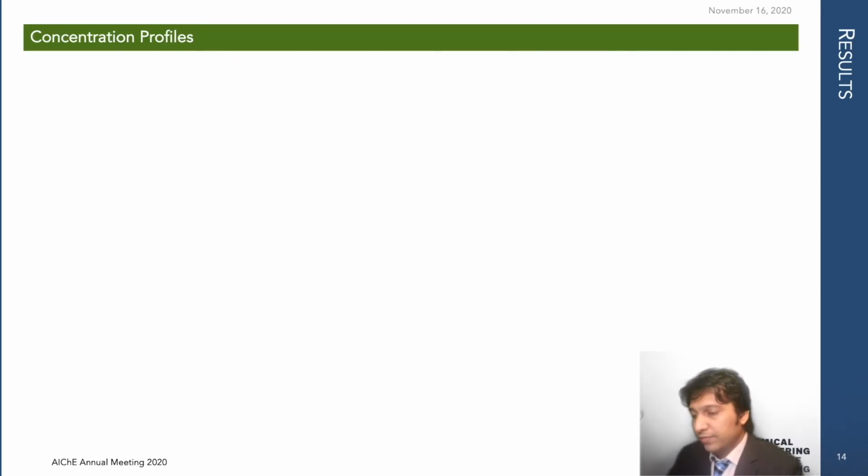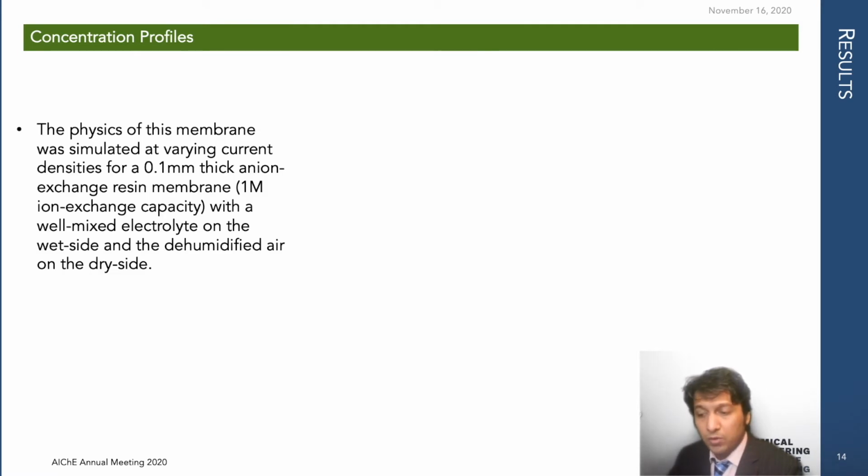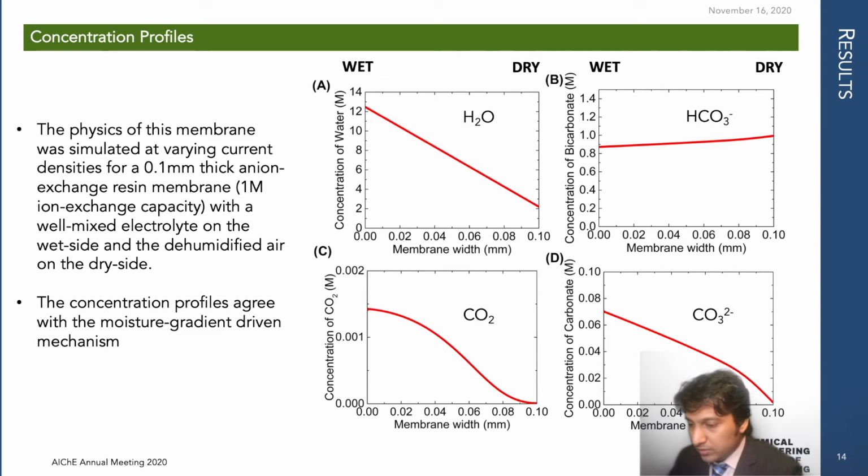So first, let's look at actual concentration profiles to see what to expect from this kind of simulation. How are the species behaving inside of the membrane? So here we have concentration profiles of water, carbon dioxide, bicarbonates, and carbonates. So the physics of this membrane were simulated at varying current densities of 100 microns, or 0.1 millimeter thick anion exchange membrane.